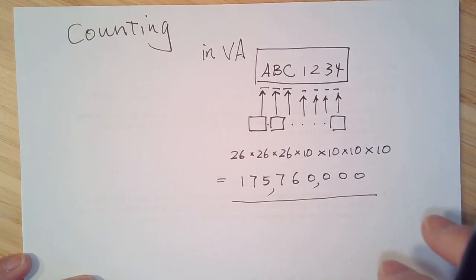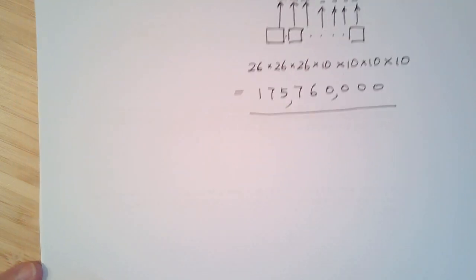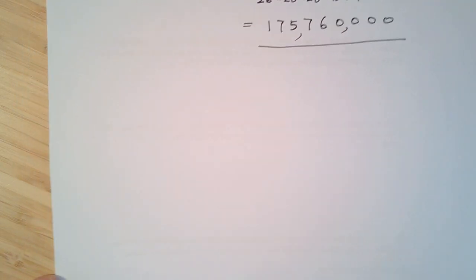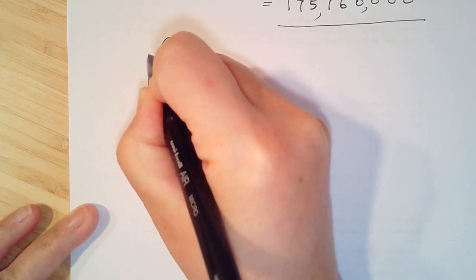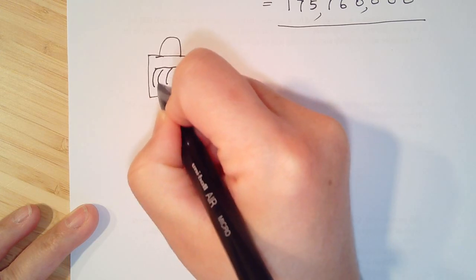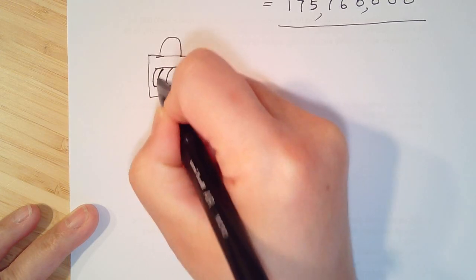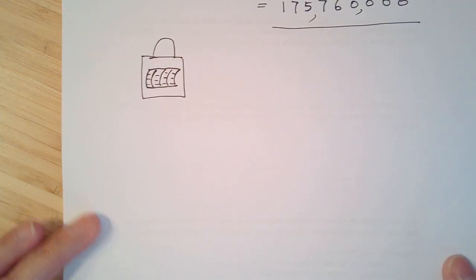So this is a very typical counting problem, and you use this a lot. You can think of the combination lock that has, say, four wheels, and each one comes with a number from 0 to 9.